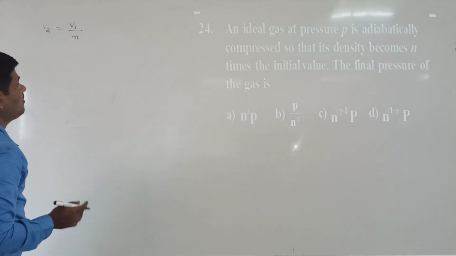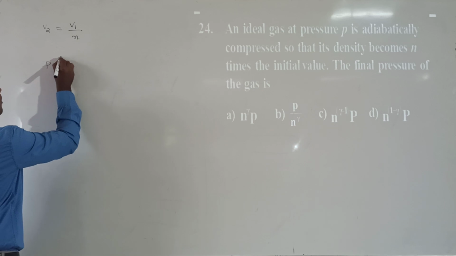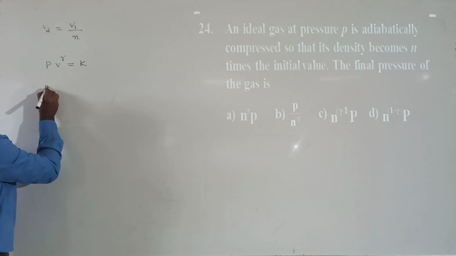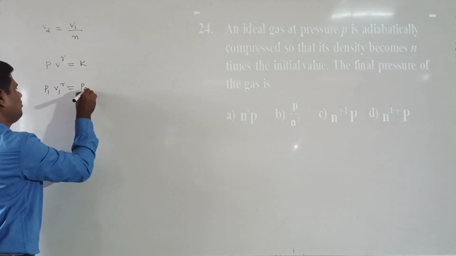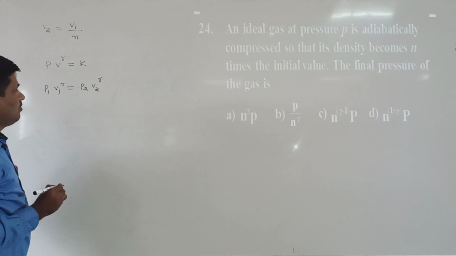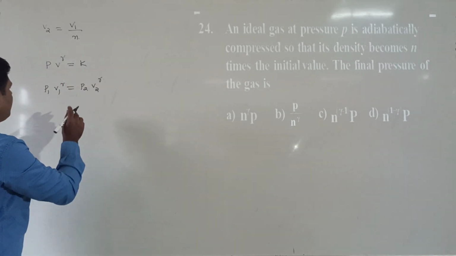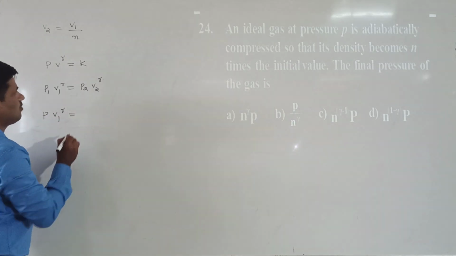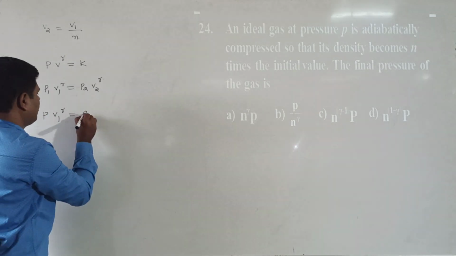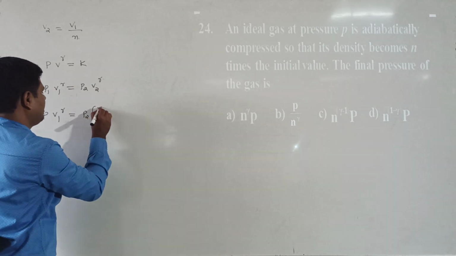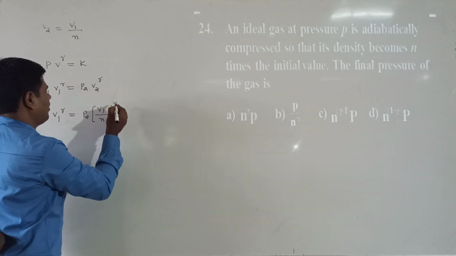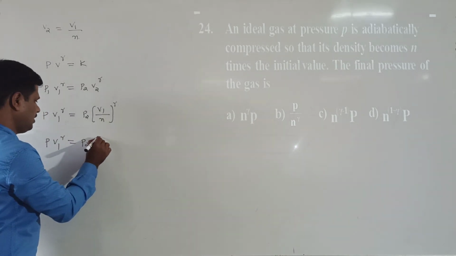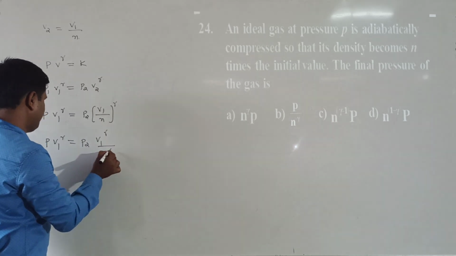The process is adiabatic. In the adiabatic process we know the formula PV power of gamma is equal to K. Now, what is asked? The final pressure, P2, is asked. P1 is given. P1 V1 power of gamma is equal to P2 V2 power of gamma, where V2 is equal to V1 by n, whole power of gamma. So P1 V1 power of gamma is equal to P2 into V1 power of gamma by n power of gamma.